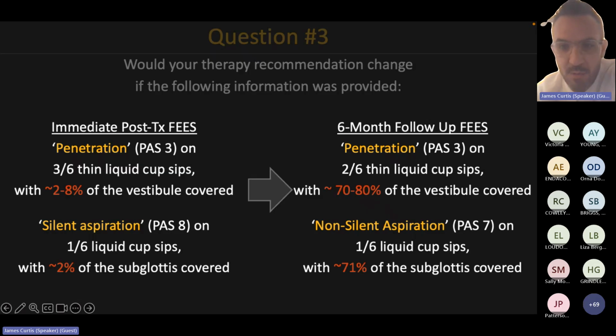So if this is what we actually saw, do our impressions change on whether the person's stable, maybe improving, definitely stable, or stable, maybe worsening? For me, I look at this and I think that patient's maybe getting worse. I think the frequency is relatively the same. I mean, there's one less instance of penetration, but we only did 6 trials, so it's pretty frequently happening for this individual.